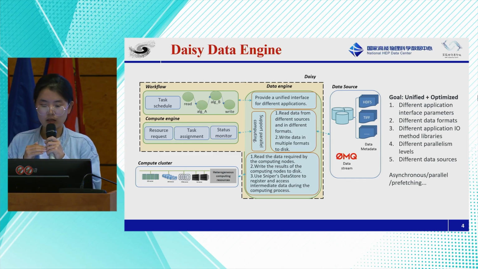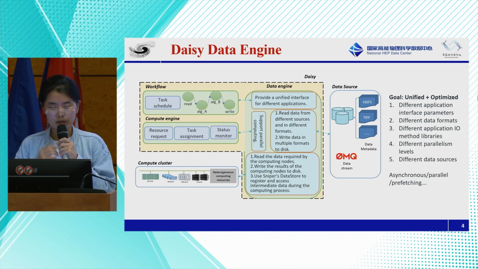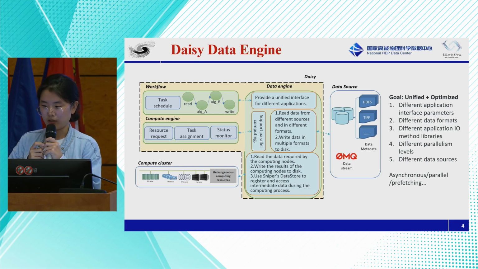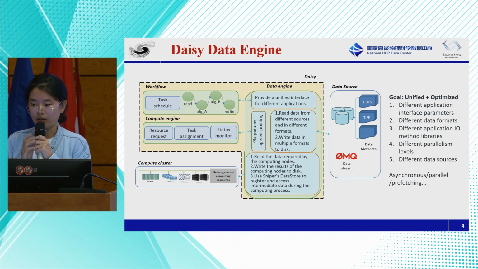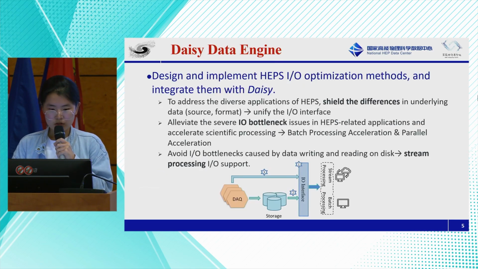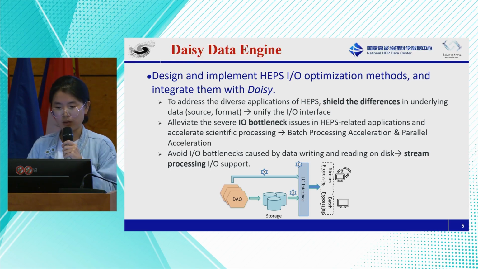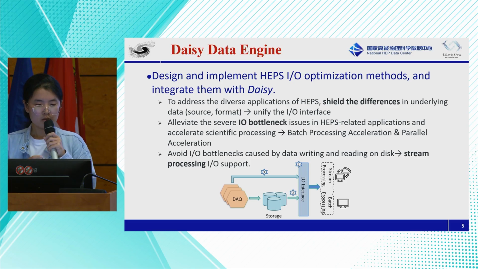It can read data from different sources and in different formats and write data in multiple formats to disk. So the main goal of the data engine is to unify the differences caused by different applications and data and optimize the I/O speed. So we design and implement the HEPS I/O optimization method, focusing on three steps.